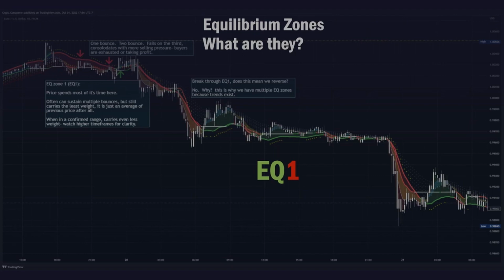So just by looking at a glance, it makes it a lot easier to spot if we're trending, if we're ranging, and sometimes you're going to have to swap out time frames to notice these.